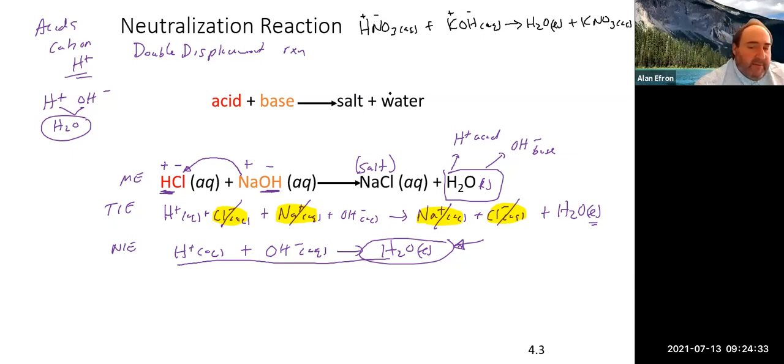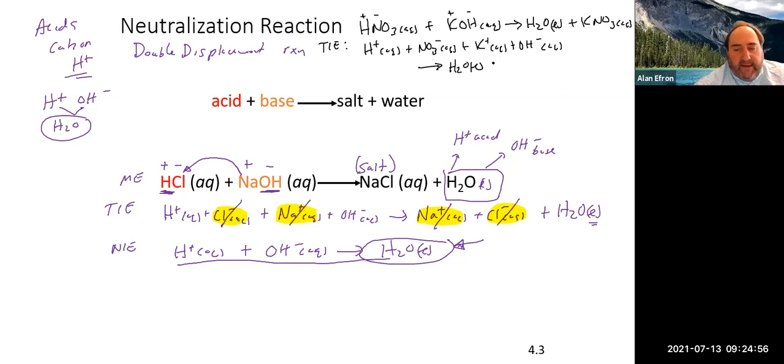Again, a double displacement reaction is occurring. In our total ionic equation, this would be H plus and NO3 minus, and the strong base would be K plus and OH minus. And since I'm running out of room, I'll go underneath it: H2O on the right-hand side, and our KNO3 would also break apart into K plus and NO3 minus.